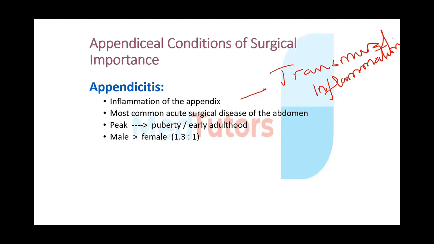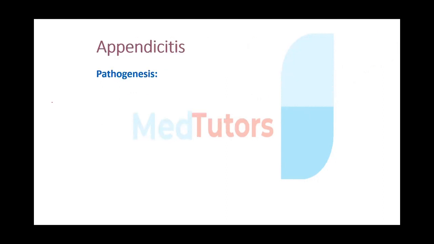So usually in the neonatal period, when they present with appendicitis, which is very rare, the diagnosis is usually made at operation. And it is commoner in males as compared to females.